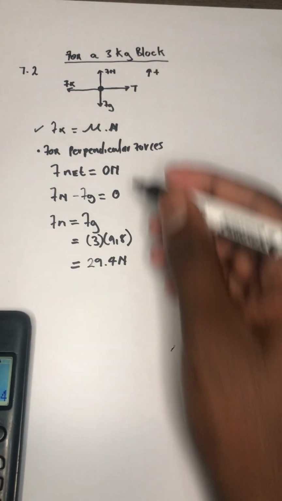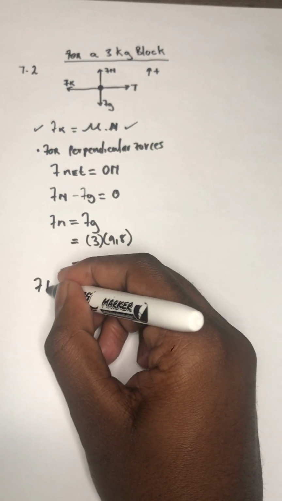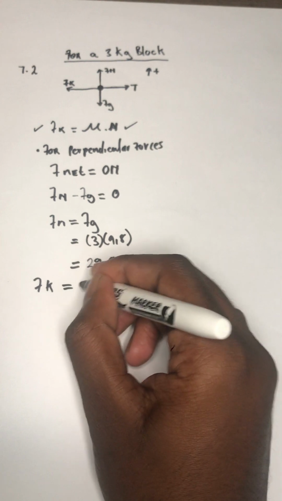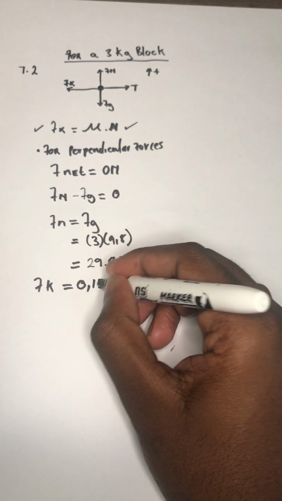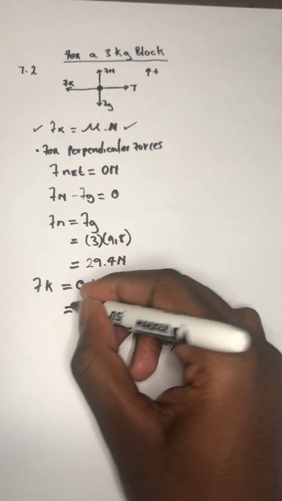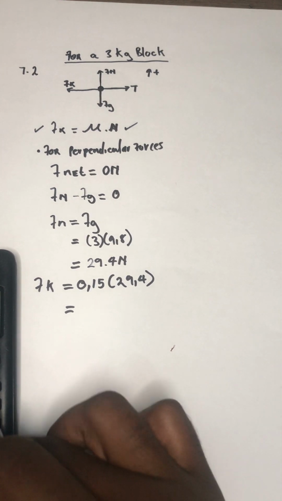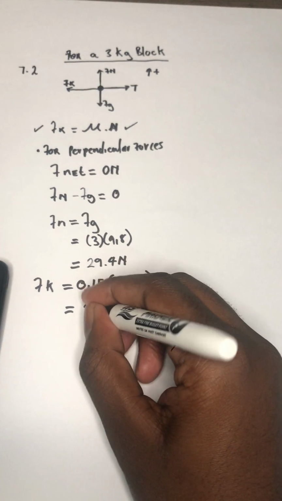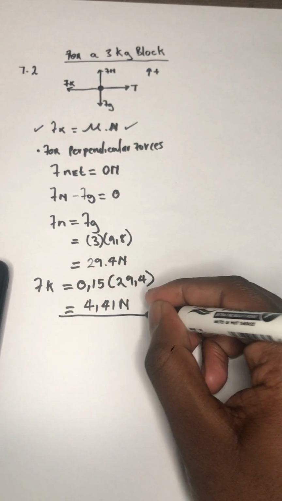We are given mu k, so we use 0.15 times 29.4, and then our frictional force will be 4.41 newtons.